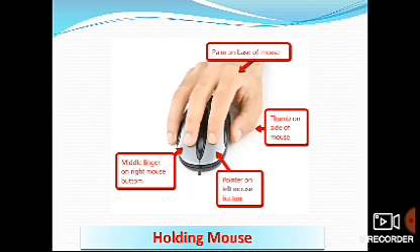By following these steps, you will be able to move the mouse much better. So your index finger is on the left button, your middle finger is on the right button, thumb on the side of the mouse, palm on the base of the mouse.